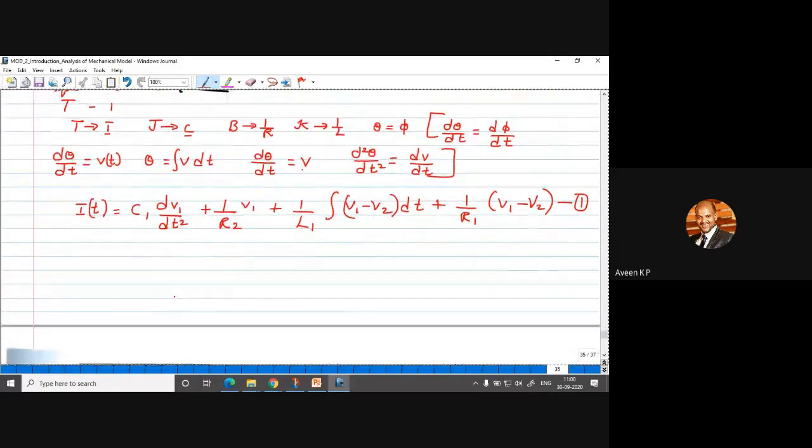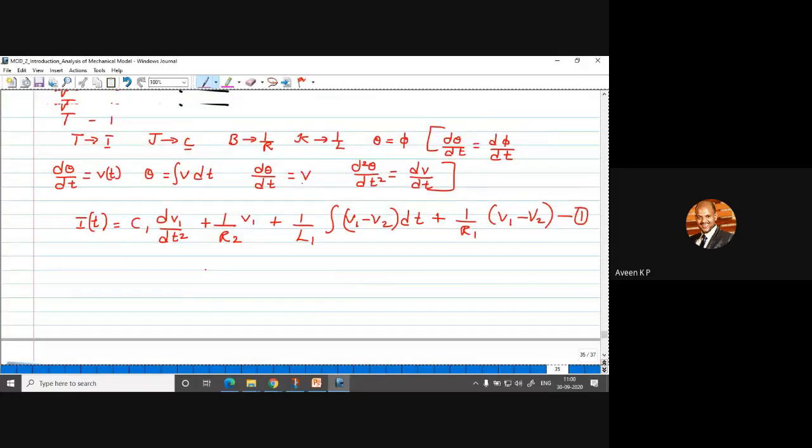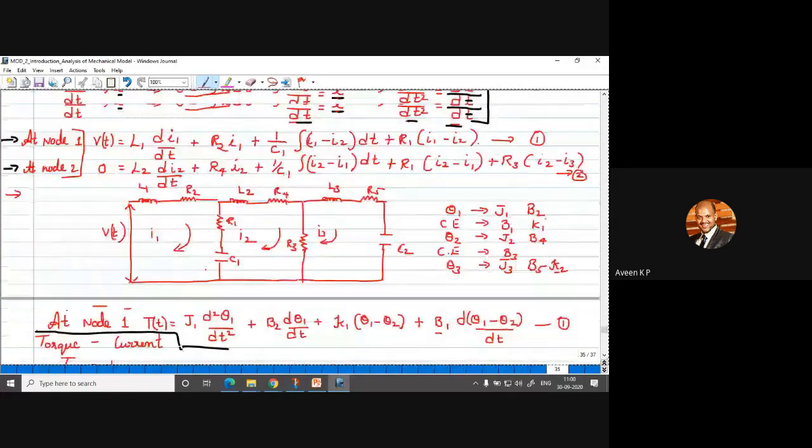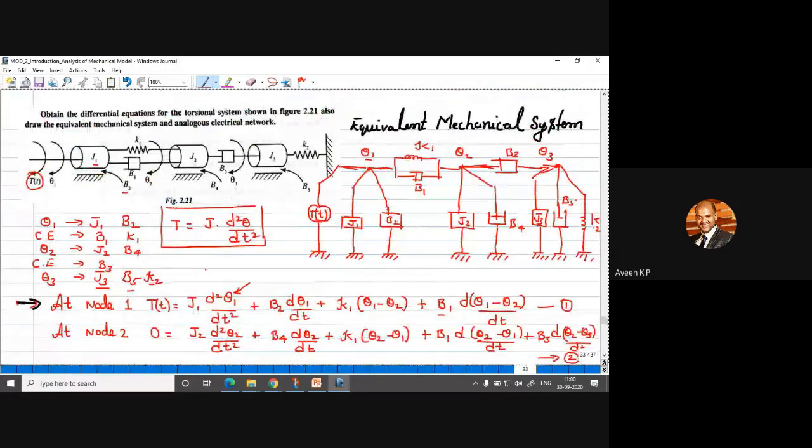And finally, if you want to rewrite the electrical network, yesterday also I have shown, you can write down the same network by replacing the electrical elements. Instead of T of t, you can write I of t. Instead of J, you can write C1.